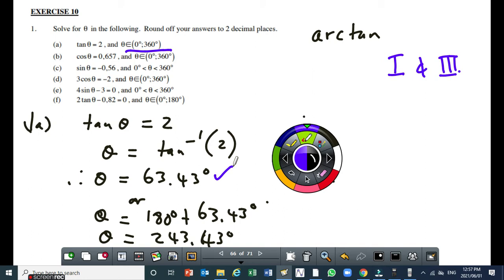When you press shift tan and then you put a ratio, that answer that you get, it's an angle. We call it the reference angle. So if our reference angle is 63,43, it's in the first quadrant. But tan is positive in the first and the third quadrant. So how do we get an angle in the third quadrant?